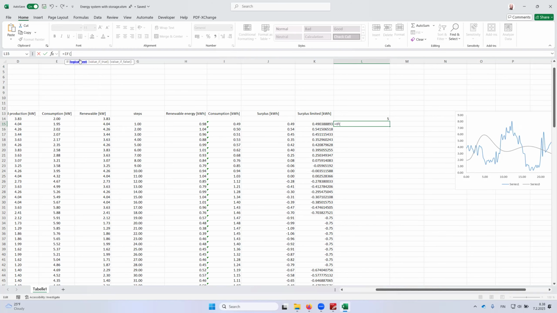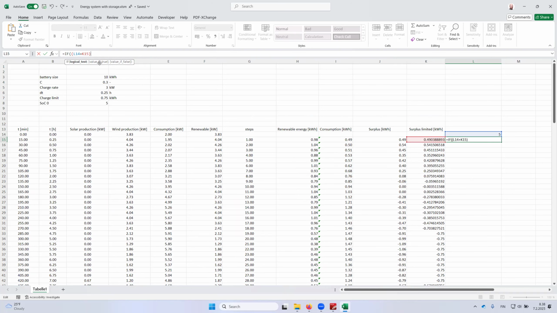If this one, so let's take the parentheses to the copy. So if this one goes below 0, then you're going to give me 0. Otherwise, you're going to check again with another if statement that if this value goes above battery size, which has to be dollar-locked, then you're going to give me the battery size.